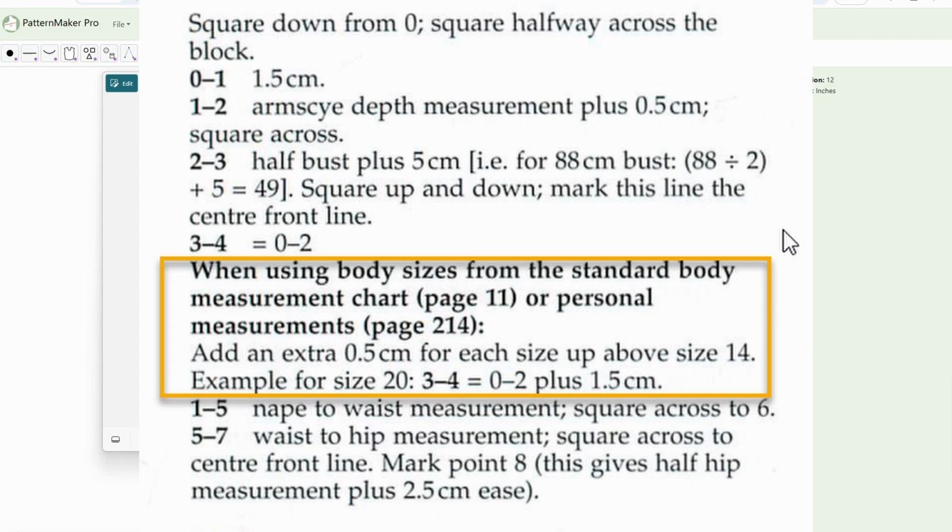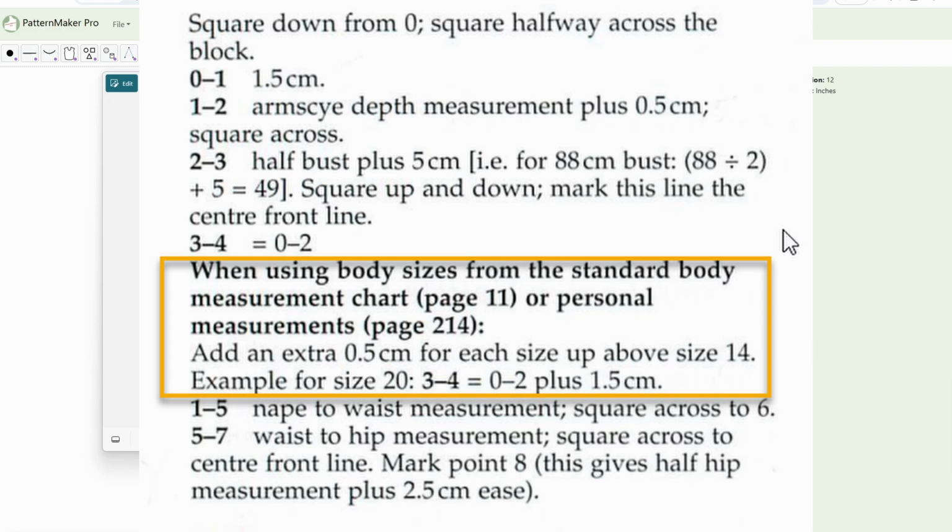And basically what we're talking about is we're going to add an amount based on some other criteria. And if you're just drafting one off, it's not that big a deal. You just figure out what it should be for your size, you put the amount in, and you're done. But that's not the way PatternMaker Pro works. We want to be able to remember patterns and have them be correct when it's done.